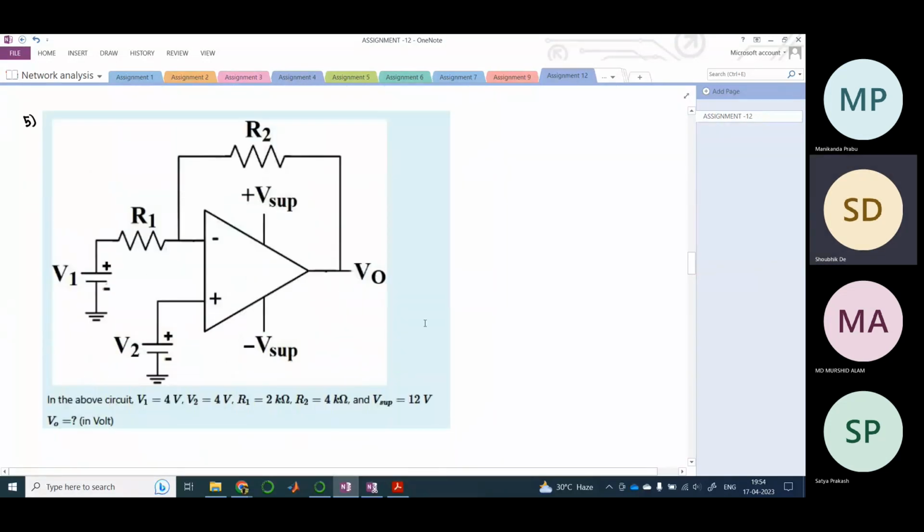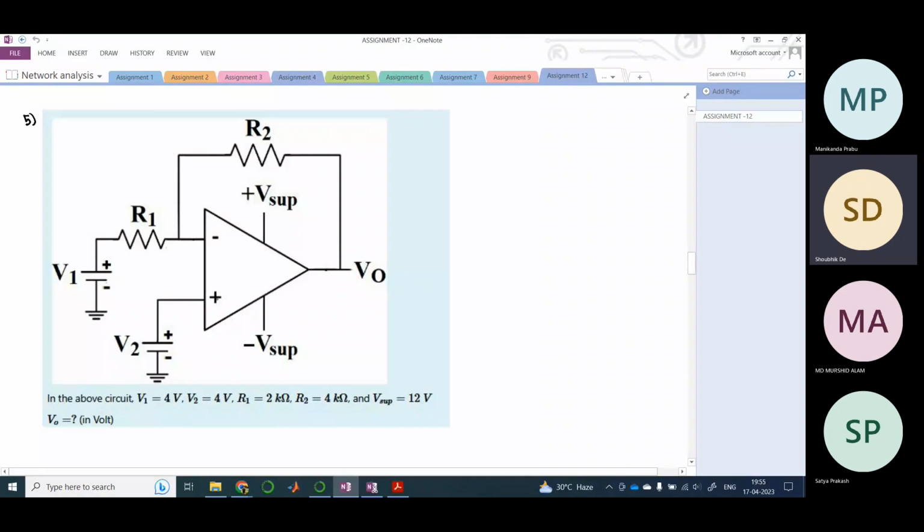So let us now go to the next problem. This is pretty simple. This problem we saw earlier, right? This is also an ideal op-amp circuit. The potential at the inverting terminal and the non-inverting terminal: this plus terminal is the non-inverting, and we are applying V2 here.